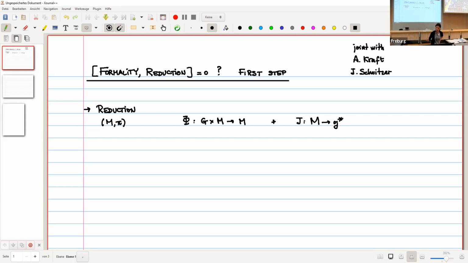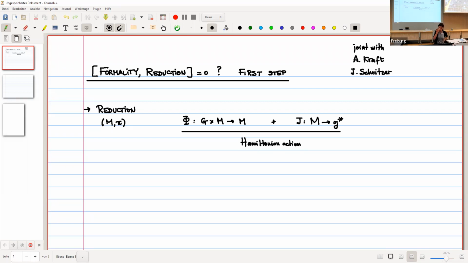These ingredients together are what we call a Hamiltonian action. And this is what we use to describe symmetries.